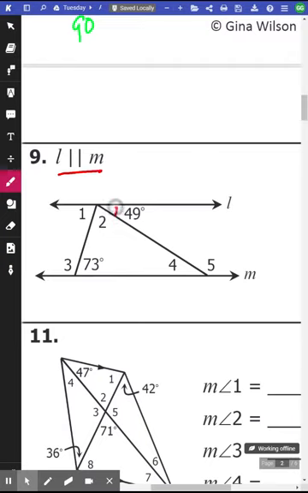We know that this angle 49 and this one are alternate interior, so right off the bat, we know this one is 49 degrees. We know that from here to here, it's 180. So if I want to know what angle 5 is, 180 minus 49, angle 5 is 131 degrees.